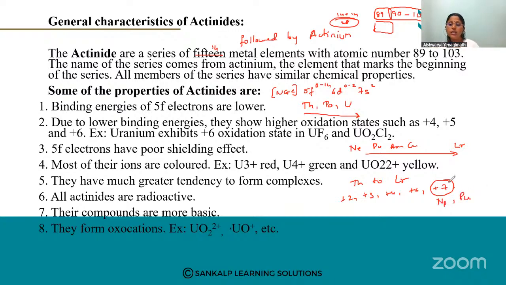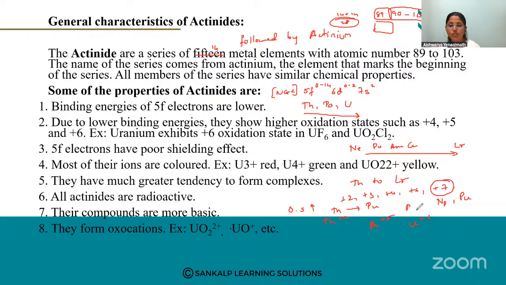The tendency to exhibit higher oxidation states increases from thorium up to plutonium. Thorium shows +4, protactinium shows +5, and uranium can show +6 also. After plutonium, the tendency to exhibit higher oxidation states goes on decreasing.